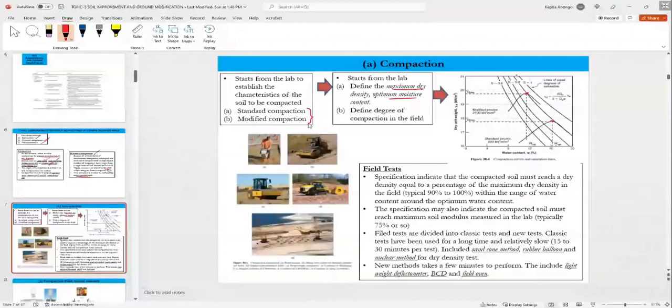Weight and length of the drop hammer, yes. Okay, so Kiara says that standard is for light, modified is for heavy. All right, so explain further.